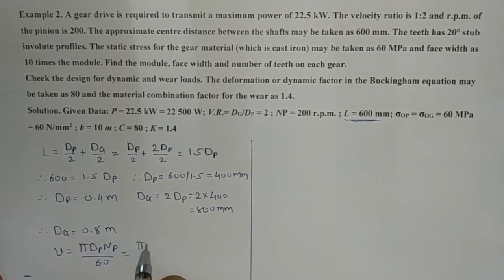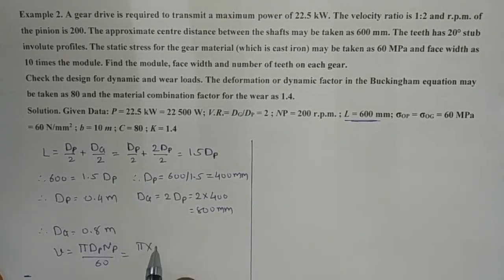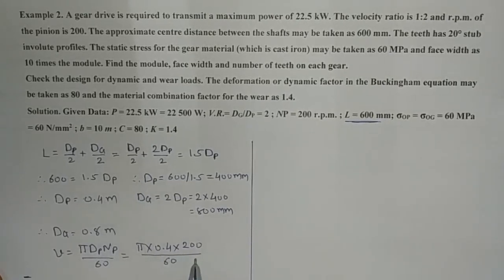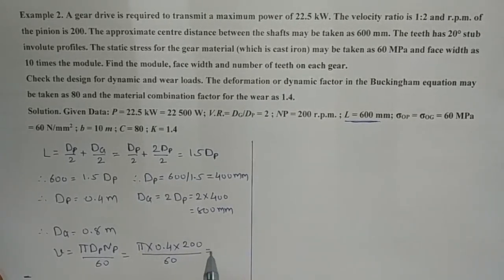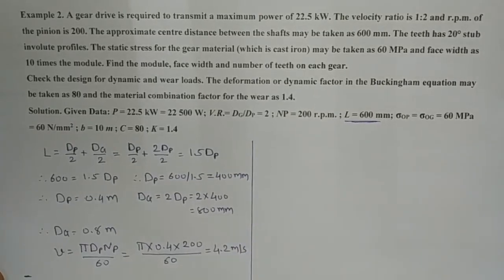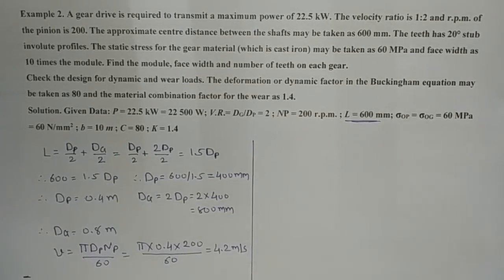So pi into dp equal to 0.4 and NP equal to 200, divided by 60, is equal to 4.2 meter per second. So pitch line velocity is 4.2 meter per second.